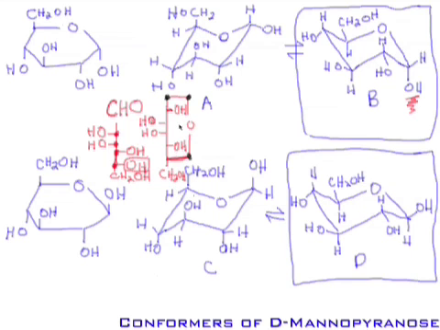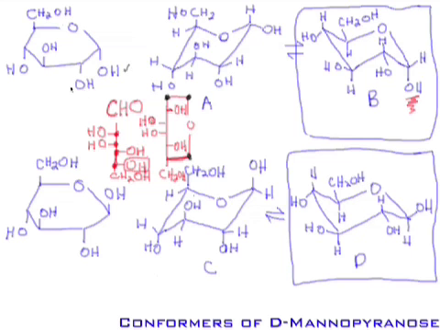Now, convert this to this Haworth. Imagine that we're going to change this Haworth for alpha D-Glucopyranose to the mannose using our standard rules. Remember, the OH that is right is below, the OH that is left is above. So this OH is correct. OH that is right is below.